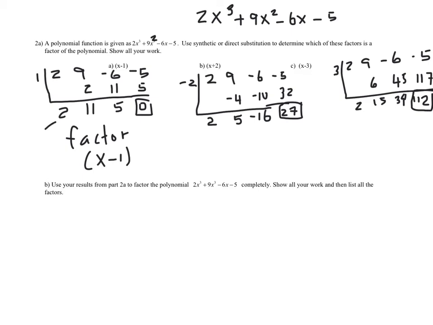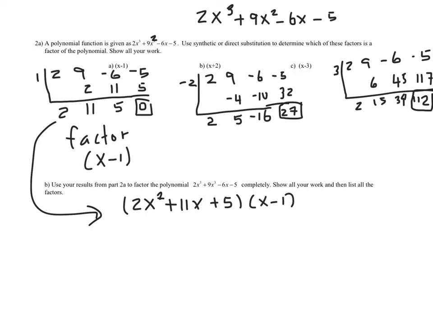And now I'm going to use my results here. So I have 2x squared plus 11x plus 5 and x minus 1. So I have broken it down. The next thing, I need to factor this quadratic because that's the only one which is not broken down. So how do I do that? Here I multiply 2 by 5, so I get 10. So this is going to be 2x squared.